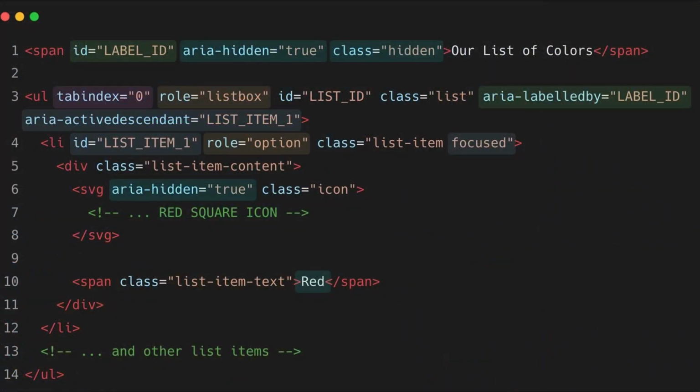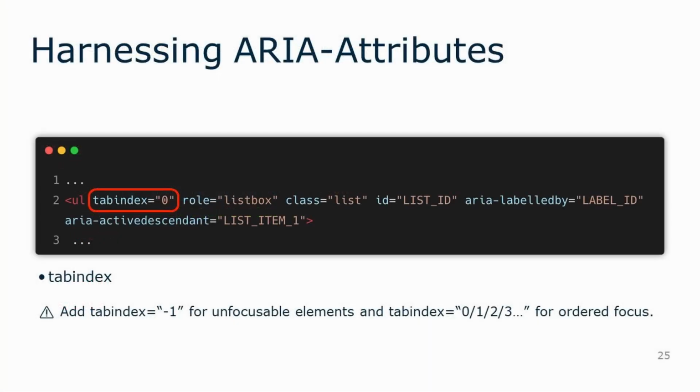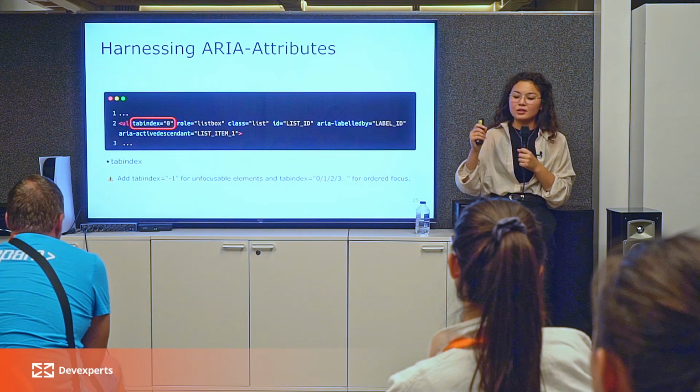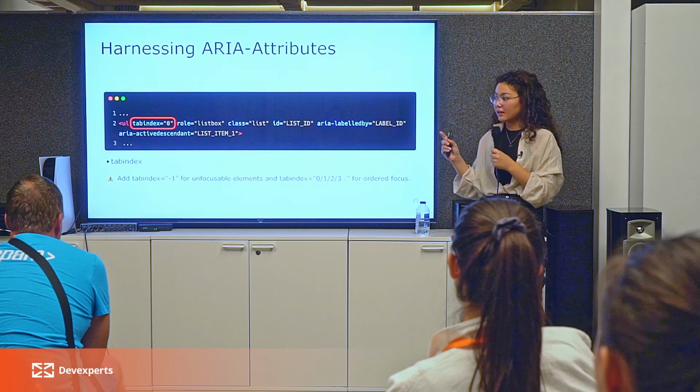So let's go back to our code. This is now the final improved code. As you can see, I added a bunch of new stuff. They are all correlated, so let's study each one by one. Logically, how would we start? We want to focus on our list, right? So tabindex is a global attribute that sets the tab order of an element when the user navigates by pressing the Tab key.